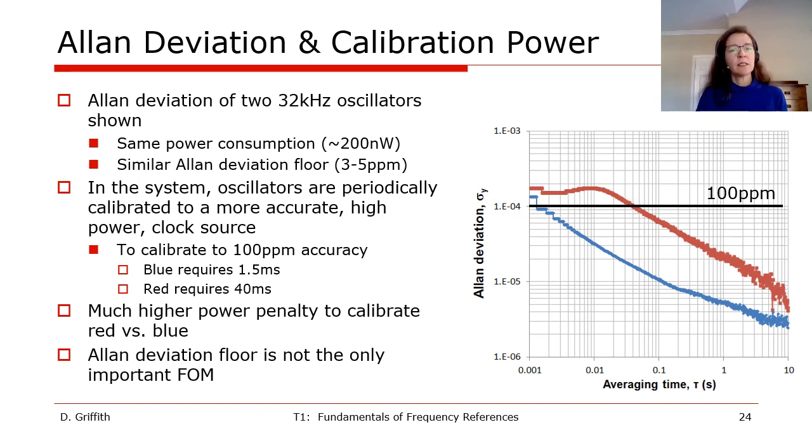This means that the system would need to stay in this high power state for 27 times longer if the red oscillator is used, which would probably drastically increase the average power consumption of the system. The point of this is that the Allan deviation is a critical figure of merit for oscillators, but not just for the floor or the minimum value. We often also care very much about what the Allan deviation is for shorter averaging times.